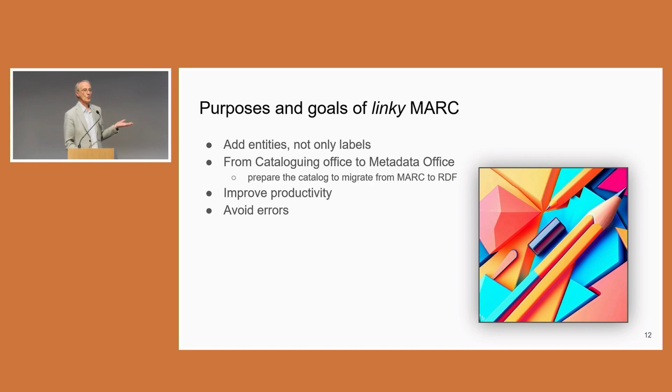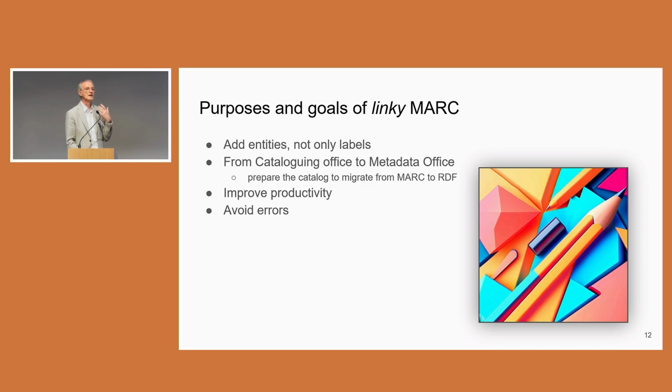So this was simply an example, but the purposes and goals of obtaining this linked MARC, catalinkers, okay, is to add entities, not only labels, moving from cataloging office to metadata office, and preparing the catalog to migrate from MARC to RDF. With these tools, you will improve productivity.